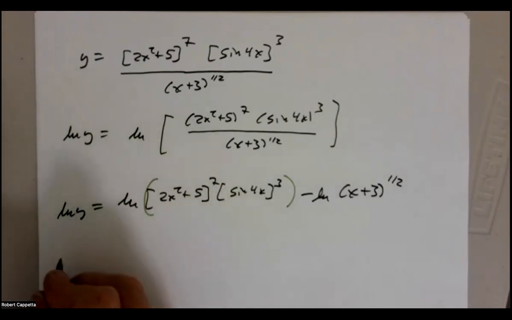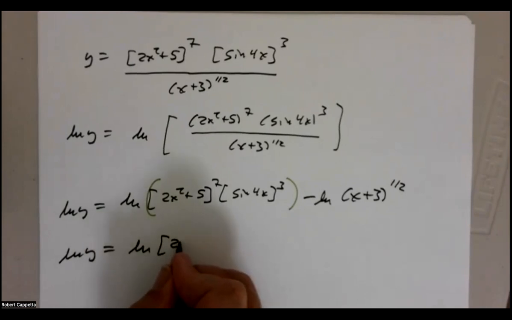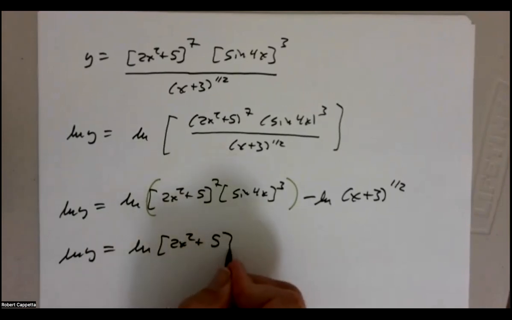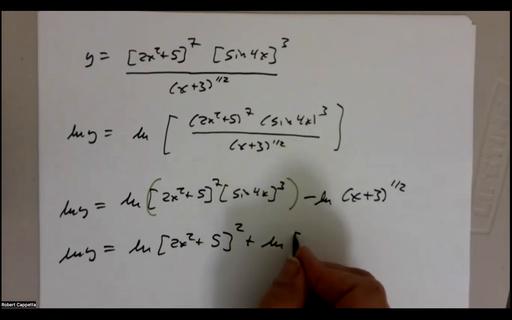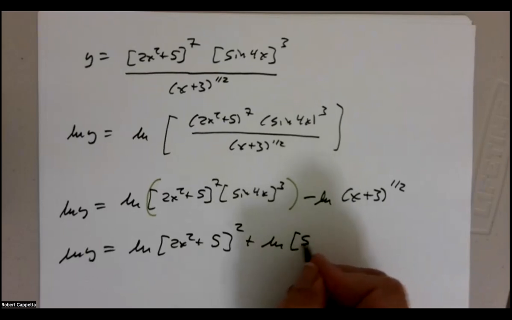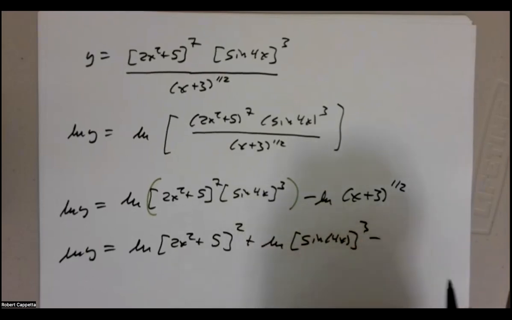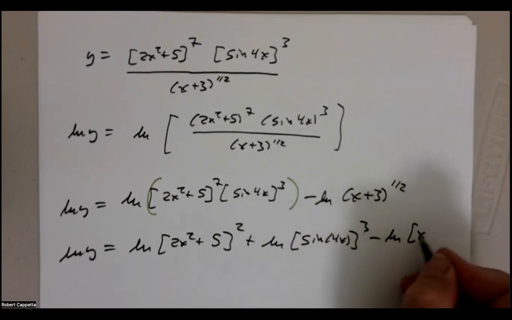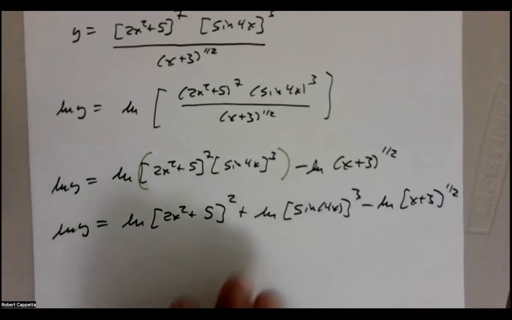The log of the product is the sum of the logs. So next line, log of this is log of 2x squared plus 5 to the 7th plus log of sine 4x to the third minus log of x plus 3 to the 1/2. Then we can also pull the exponents down. That's my next move.